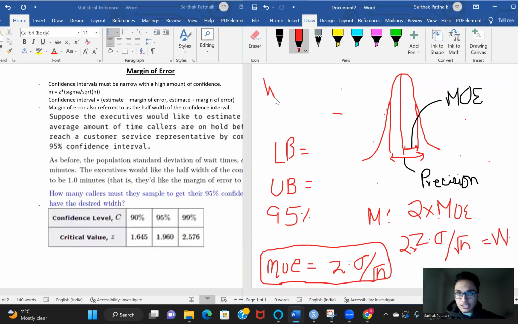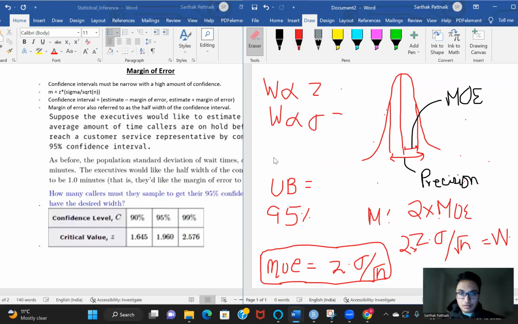Width or precision is directly proportional to z, directly proportional to sigma, and inversely proportional to the number of samples.